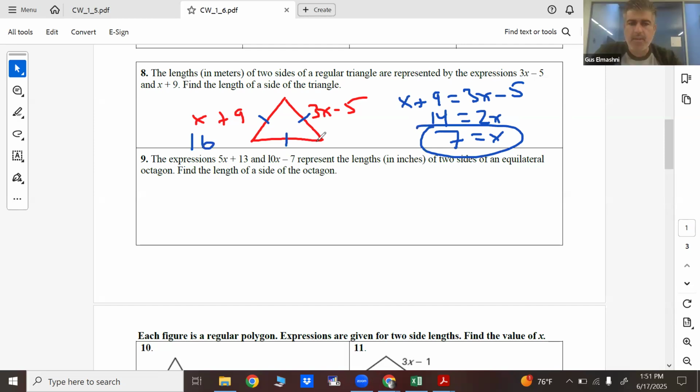So that's 16, it's 16. Okay. So that's that one.